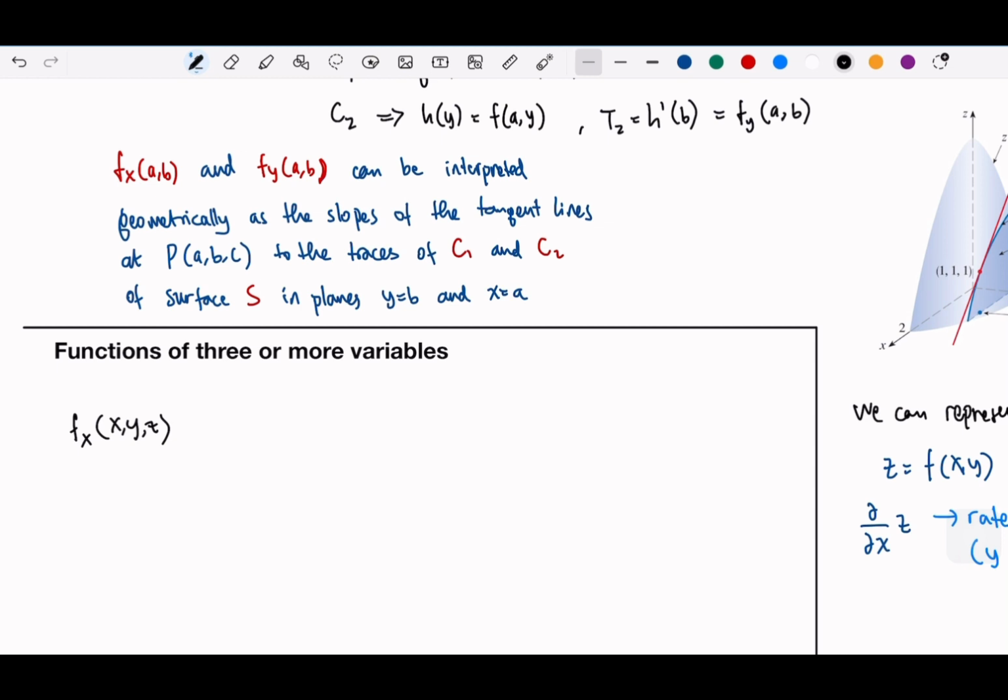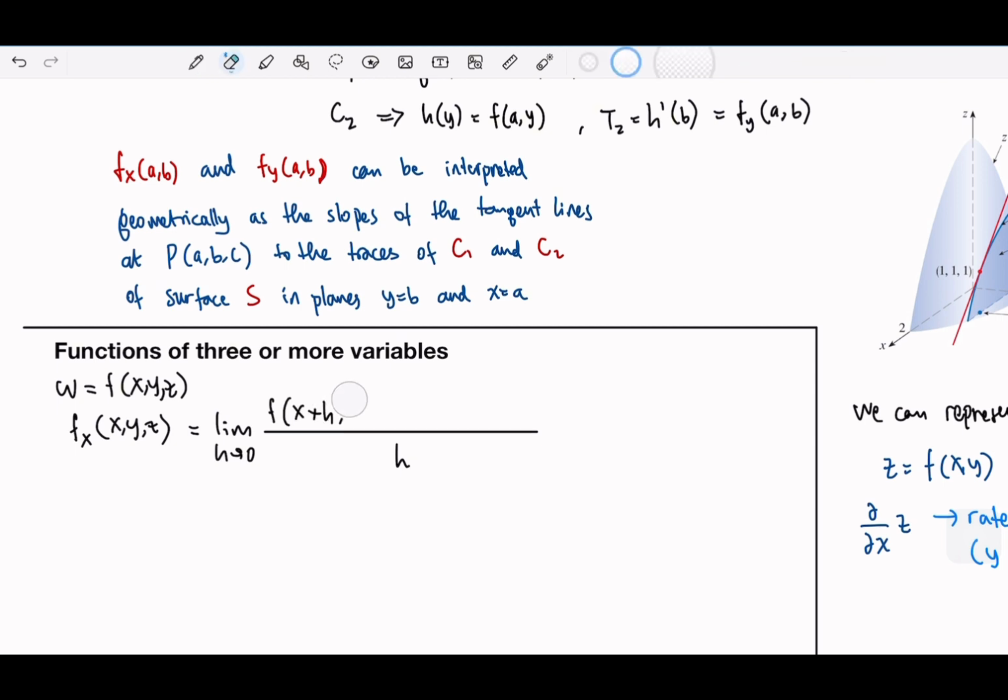Suppose that w is our new function of 3 variables x, y, z. So if you have the partial with respect to x, it means that x is changing, and we have y, we have z, and we subtract f(x, y, z).